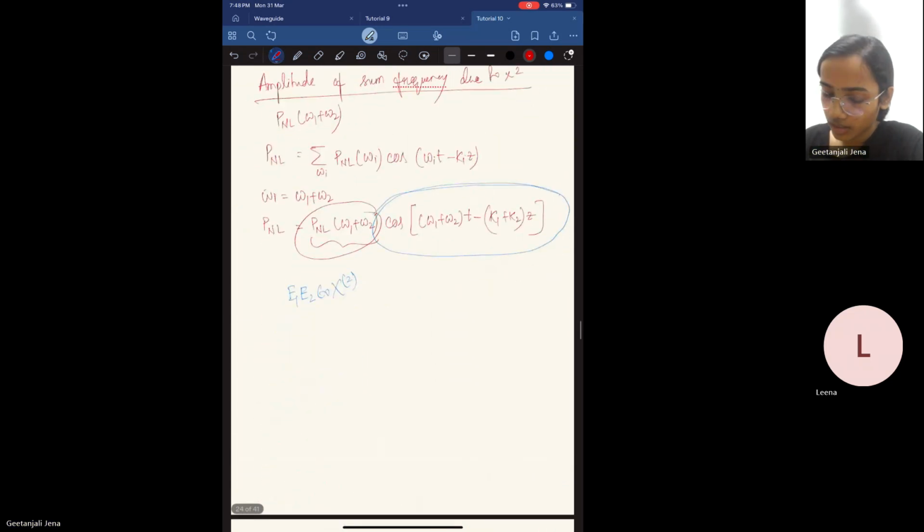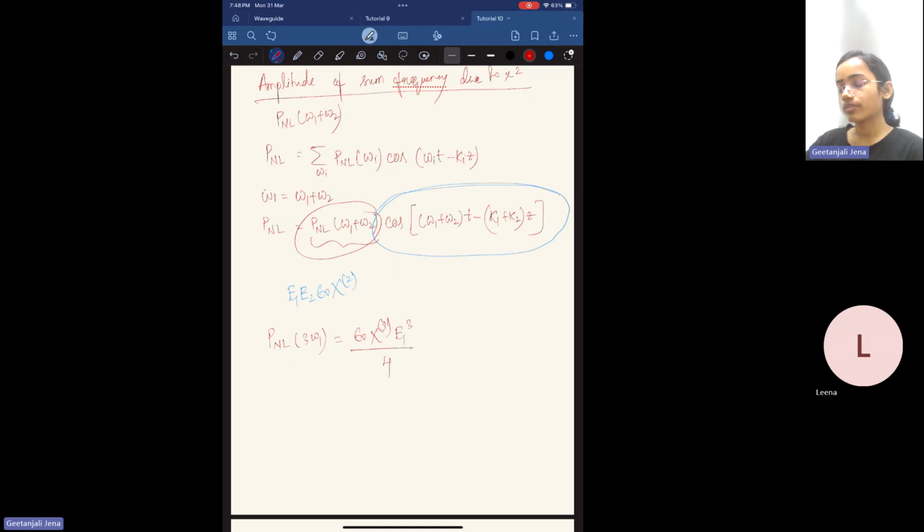So that means for PNL at 3 omega 1, we have epsilon naught chi 3 E1 cube by 4. If you ask about 3 omega 2, instead of E1 cube, we will have E2 cube there.